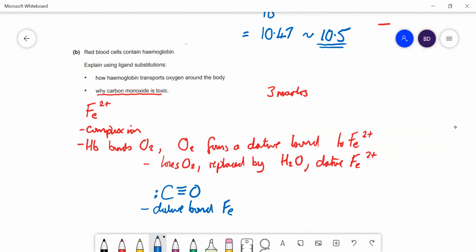It will act as a ligand, and it forms a stronger dative bond than the oxygen does. It means it's harder to break, so it doesn't allow the oxygen to form a dative bond to the central Fe2 plus ion, and so the hemoglobin can't carry oxygen around. So that's why it's poisonous.